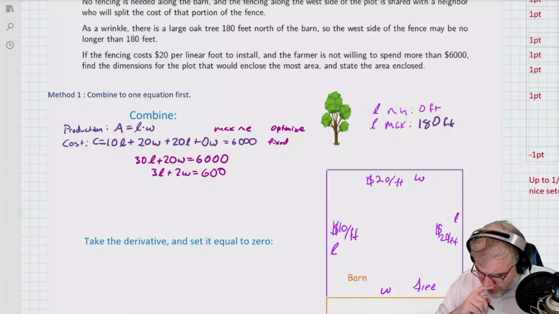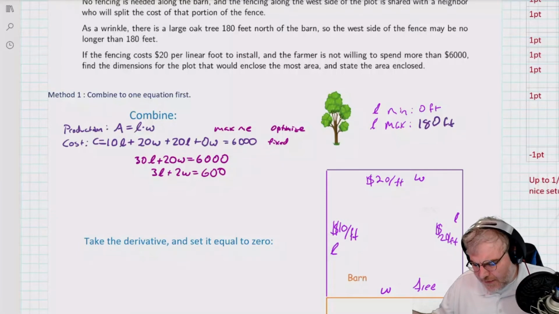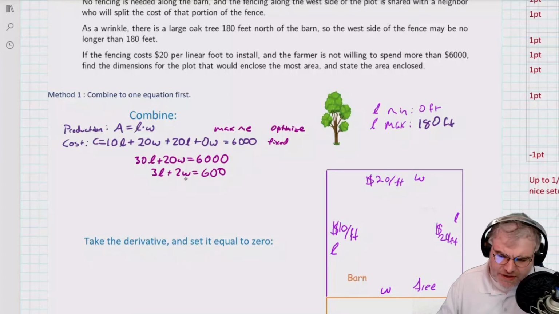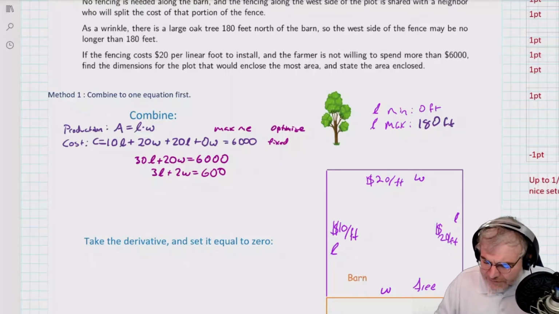And I'm going to solve for one of these. And in this case, there's actually a reason to pick L to be the one that we want to move. We could pick W and it'll work, but L has this weird condition on it. So I'm going to solve for W so that I sub back into L. Now, you don't have to do that, but I'm going to have to check to make sure that my optimum obeys these things, right?